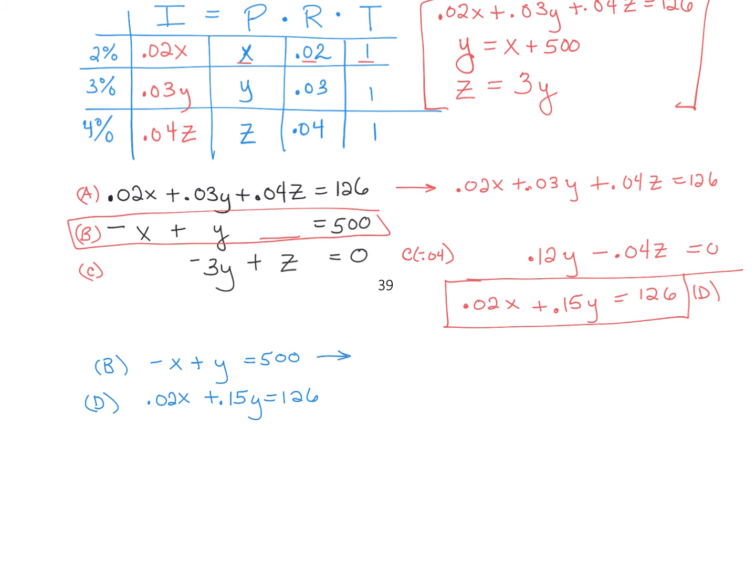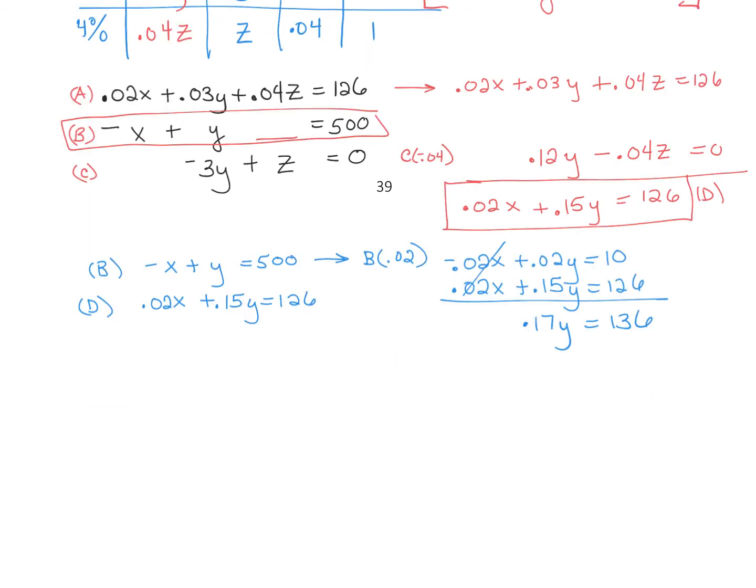So I'm going to multiply B by 0.02. So negative 0.02x plus 0.02y equals 10. And then positive 0.02x plus 0.15y equals 126. Those will add to 0.17y equals 136. Dividing by 0.17, we get y equals 800.